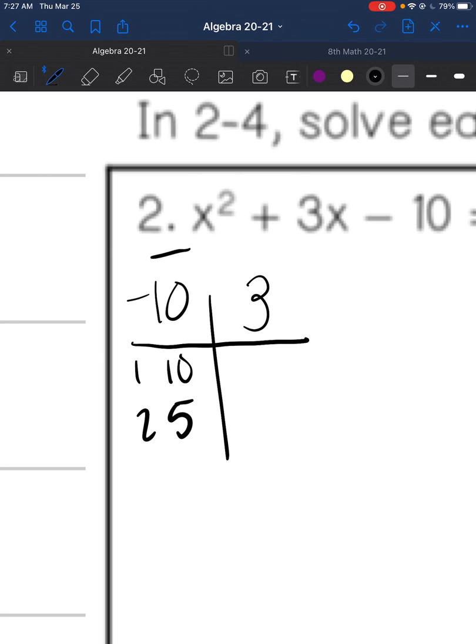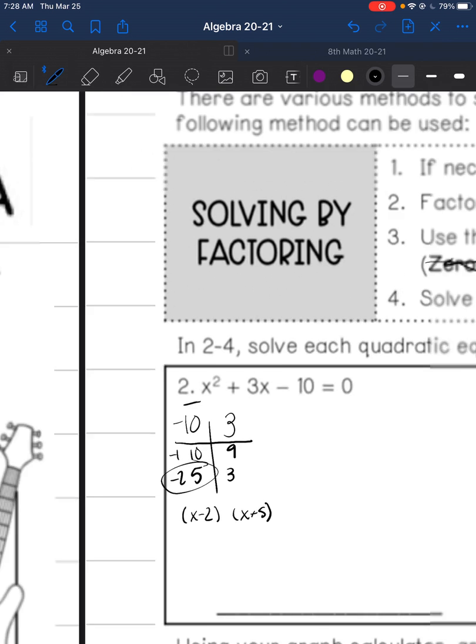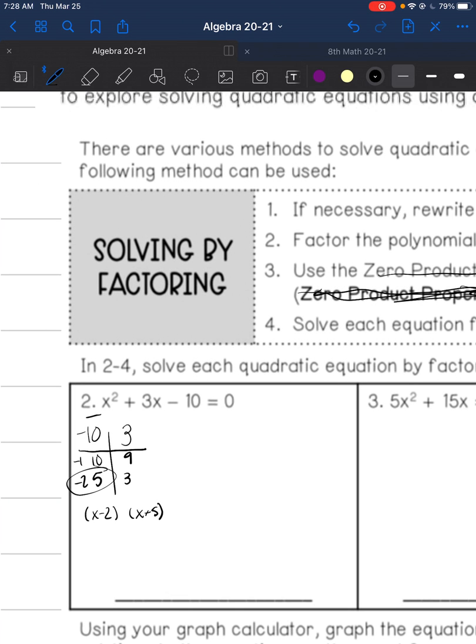Our sum is positive, so my bigger number is going to be positive and my smaller number negative. Now we add them to see which gives a sum of 3. Negative 1 plus 10 is 9. Negative 2 plus 5 is 3. So our factors are negative 2 and 5, and they look like x minus 2 and x plus 5. That's step 2 that we just did.